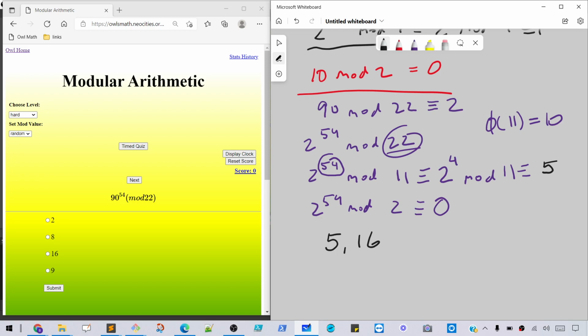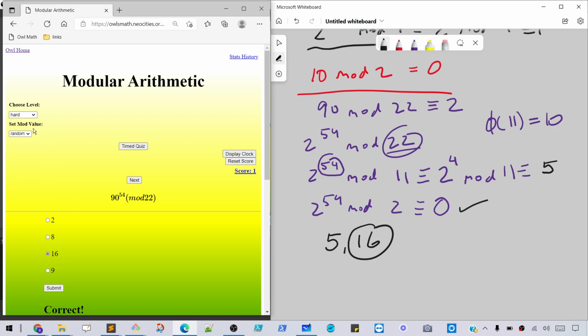Because you add 5 to 0, you get 5, you add 5 to 11, you get 16, and you can't go past 22. So it's one of these two, but it also needs to satisfy the second criterion, 0 mod 2, which basically says it's even, so it has to be 16. Okay, good.